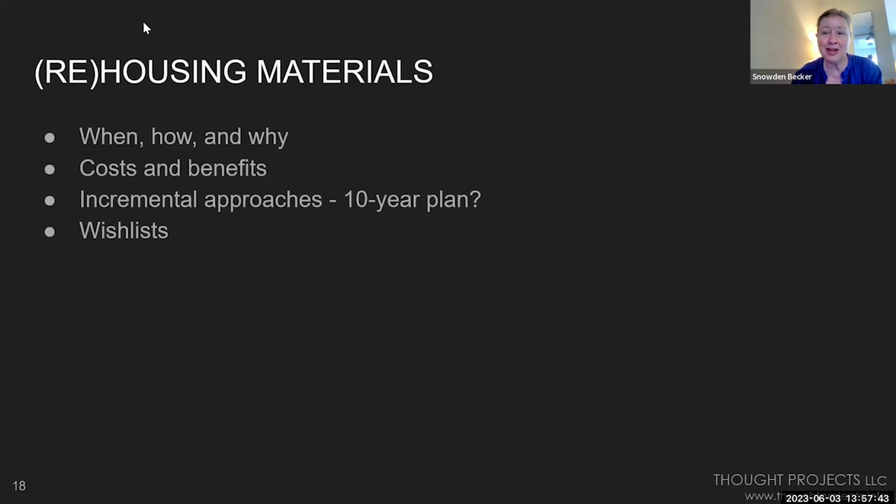I know we don't love numbers. We like to tell a story and talk about qualitative impact, but quantitative impact is really important if you can speak to that. And if it allows you to be operating more efficiently, if you can demonstrate that investing in rehousing or some conservation or tagging system, or whatever level you're ready to do, is going to be a labor savings, that is an easy way to quantify.